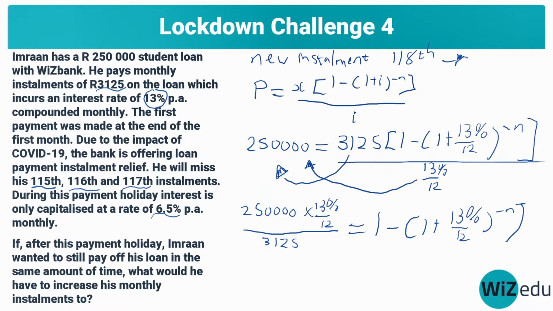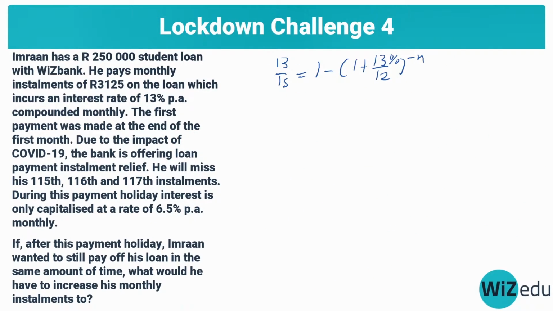So you can punch that into your calculator and simplify, and that's going to give you 13 over 15, which is equal to 1 minus 1 plus 13% over 12 to the negative n. So I've just moved it up here so we have a bit more space, and we can subtract 1 from this side here, and that gives us negative 1 plus 13% over 12 to the negative n.